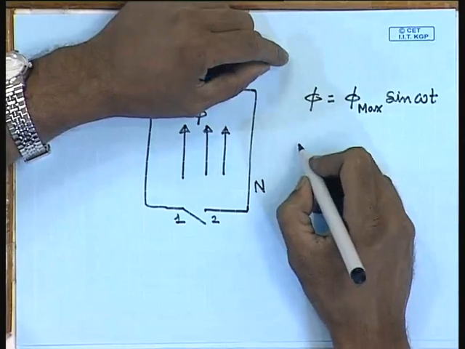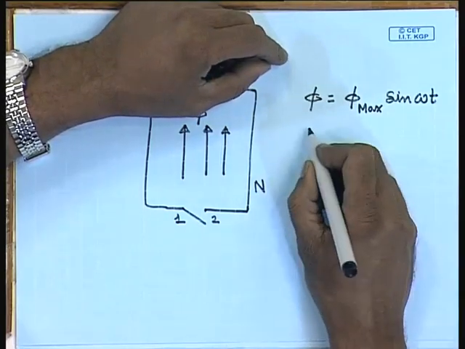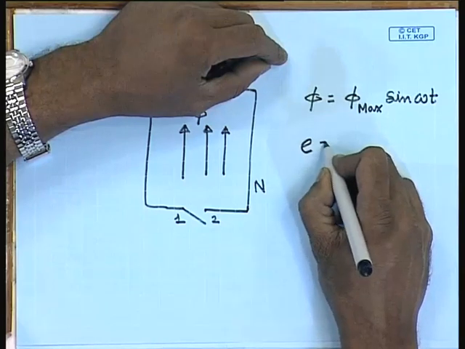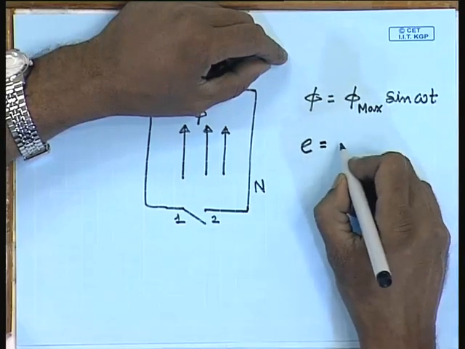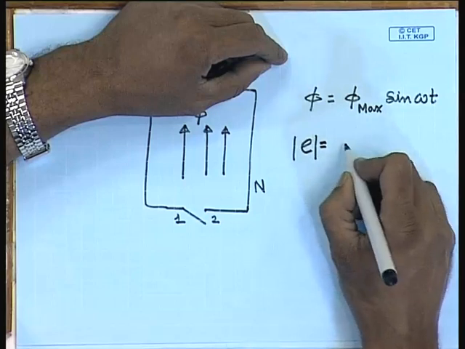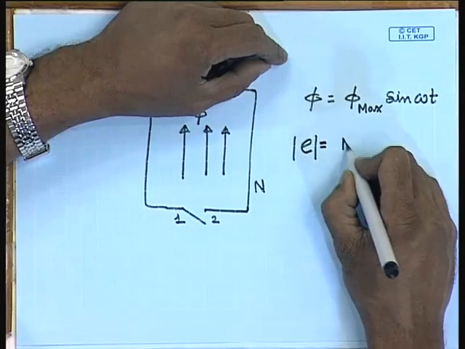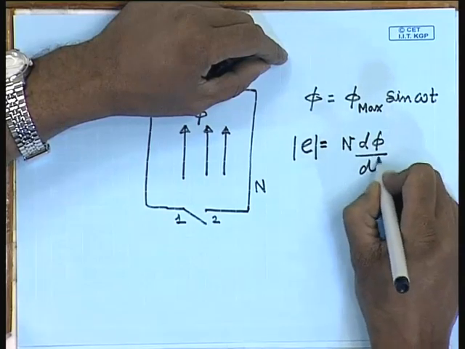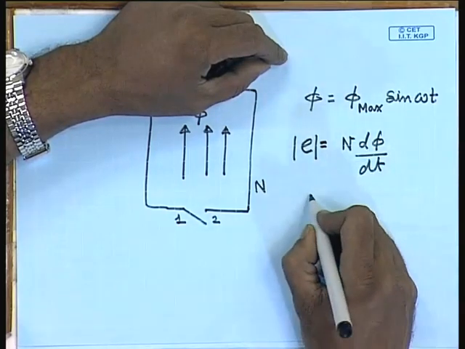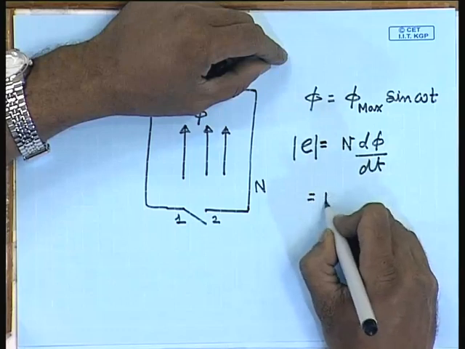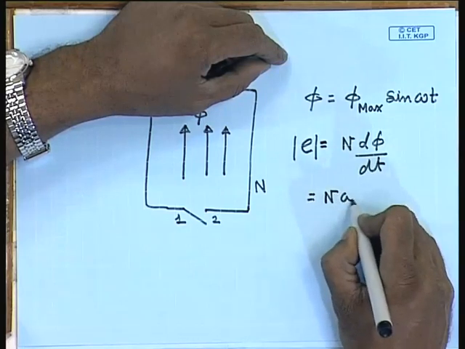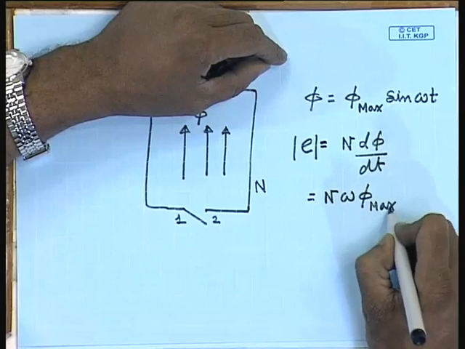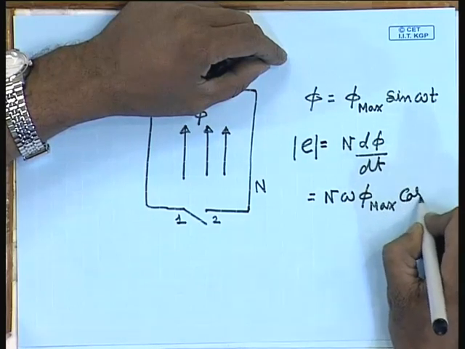So, by Faraday's law, the induced voltage E will be such that its magnitude E will be proportional to N d phi dt, equal to N omega phi max cos omega t.